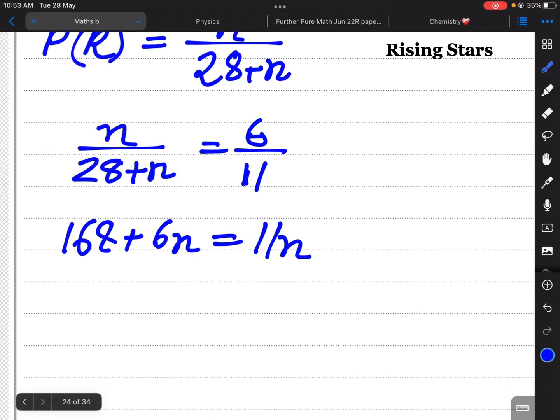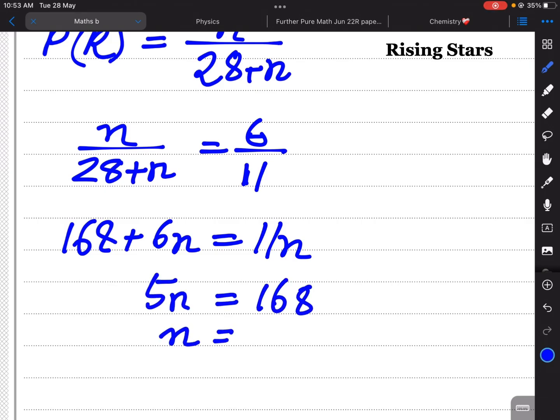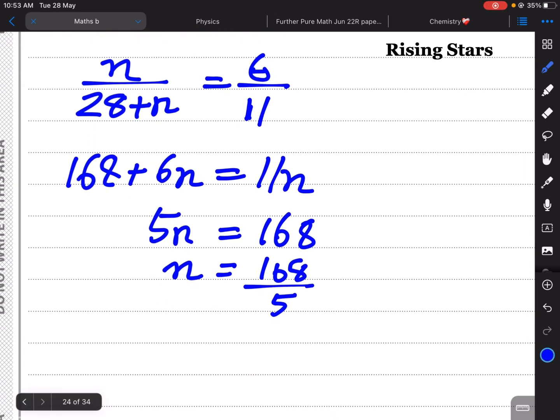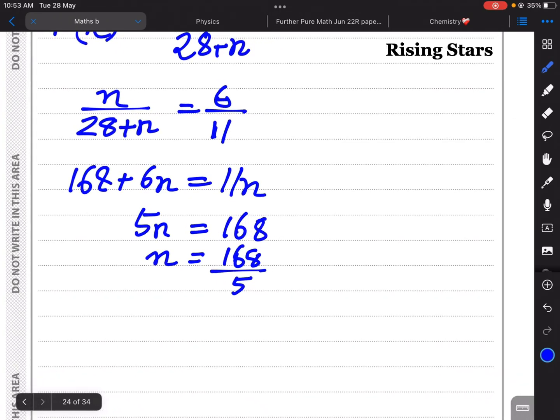So okay, 6n টাকে পাশে নিয়ে যাই, so we get 5n equals to 168. n is equals to 168 by 5, we cannot get an integer with this division. আমাদের এটাই অ্যান্সার আসতেছে 168/5.